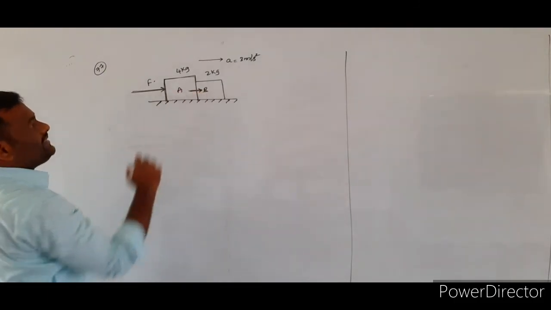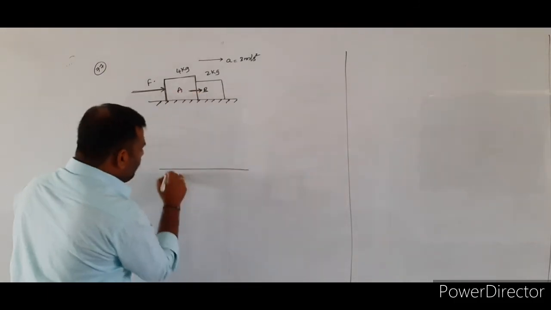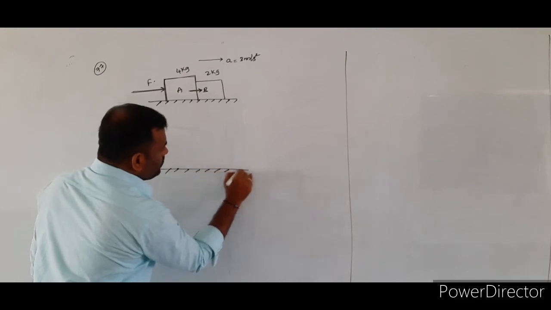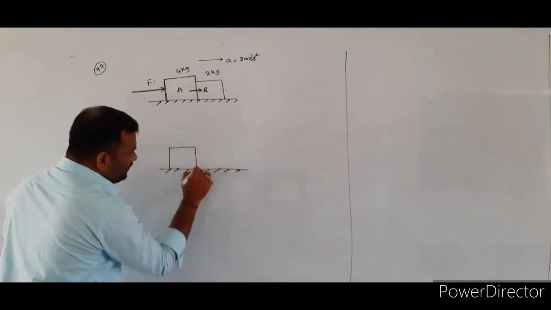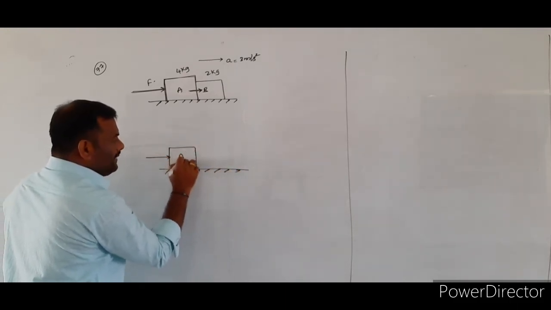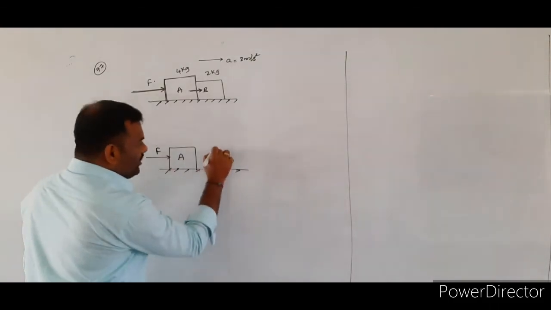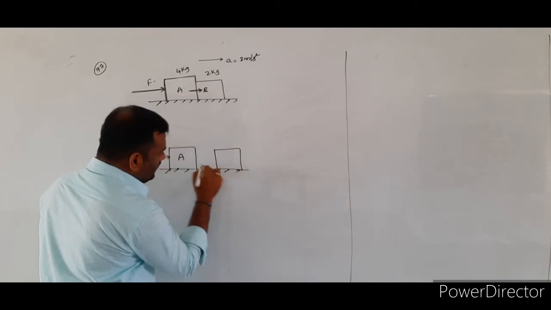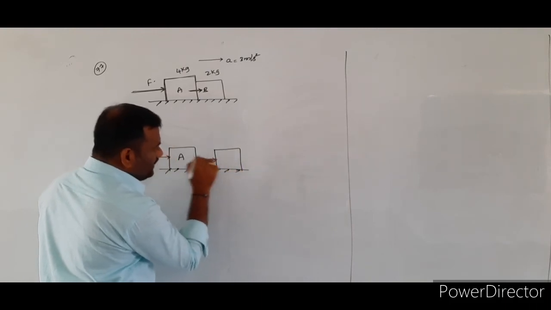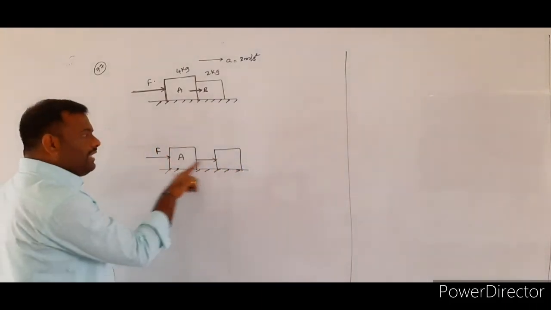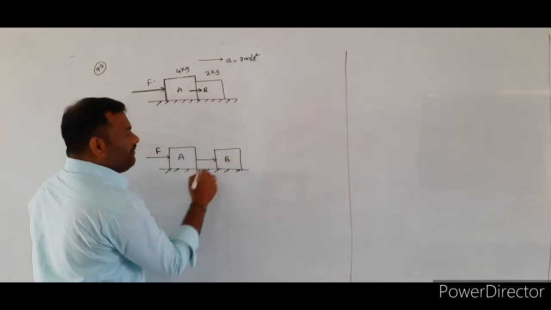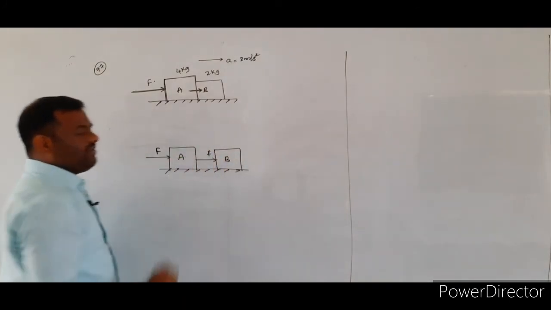So I will change the diagram according to my requirement. See here, this is the block capital A. Over the block capital A, the applied force is equal to capital F. I am assuming that the block capital A will be pushing the block B with a force of some small f.